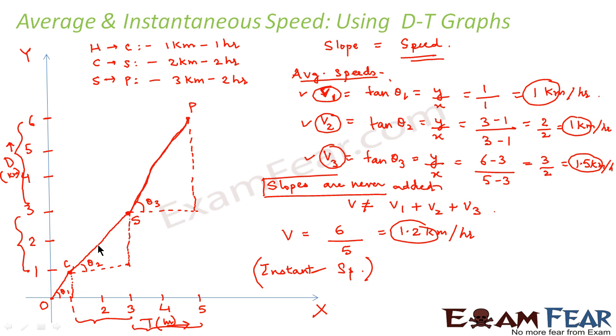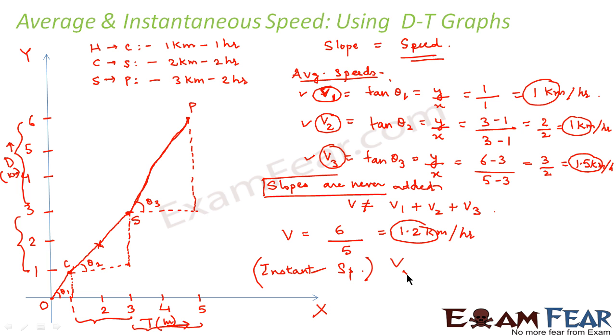Let us suppose, for example, I take this point. Now, what is the value of d at this point? That is the distance traveled. Let us suppose the distance traveled is 2 kilometers. And what is the time taken? The time taken is 2 hours. Correct? So, at this point, what is the value of v?